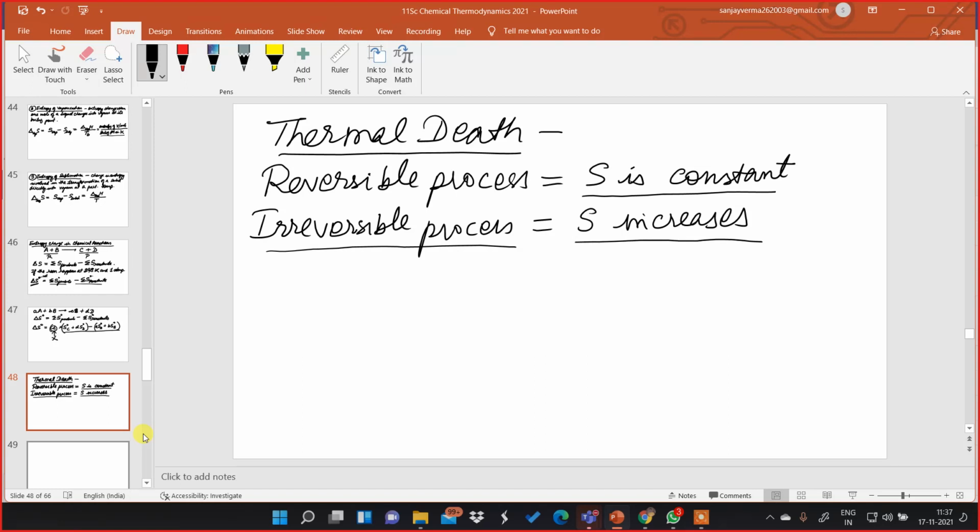Moreover, in nature, most of the processes are spontaneous, which are irreversible in nature and involve an increase in the entropy of the system. Therefore, we know that the entropy of the universe is continuously increasing. The increase in entropy means an increase in disorder or a decrease in the energy which is available for doing useful work.